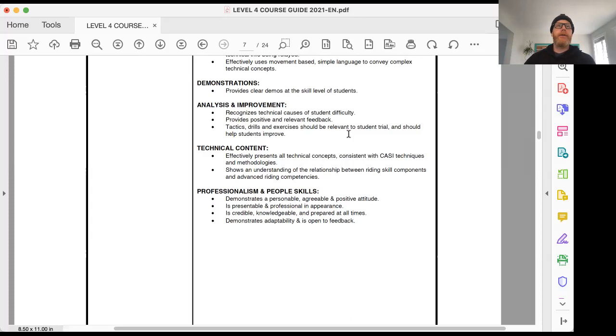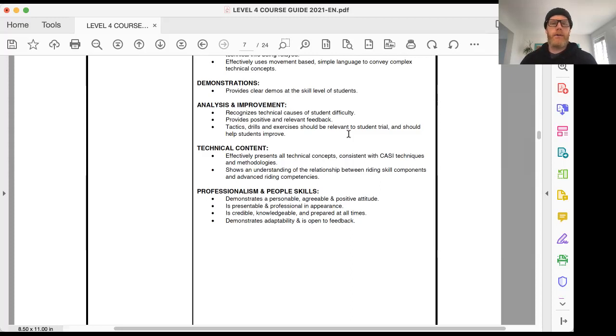If you have a clear lesson goal set up and a clear problem to solve in your lesson, then this becomes much easier. So one thing that we often give feedback to candidates on with the analysis and improvement side is that it's really difficult to give feedback on an ambiguous goal. But if you set up a very specific outcome at the start of the lesson that you're trying to chase, either through the use of terrain or by exploring a specific movement at a certain point in the turn, all of the pieces after that fall into place.